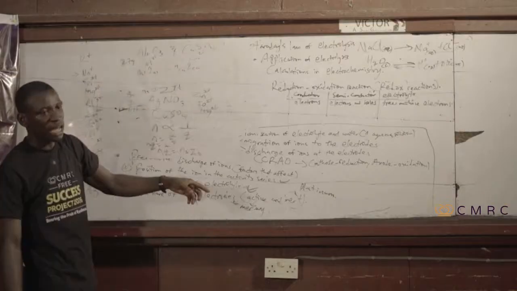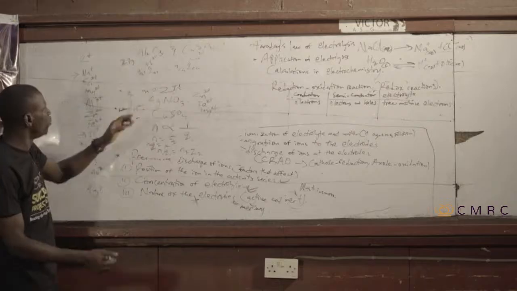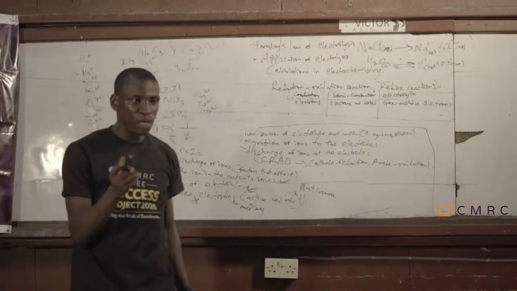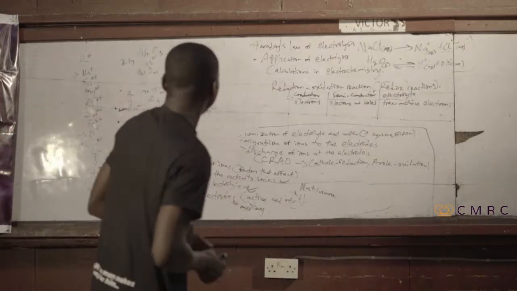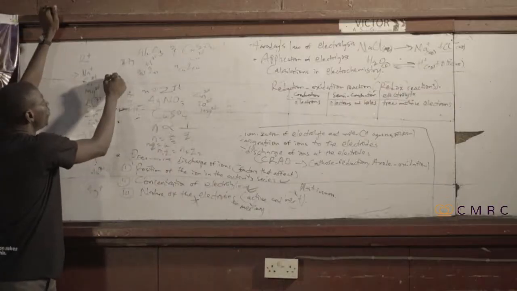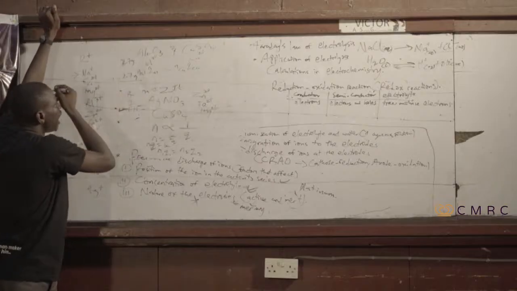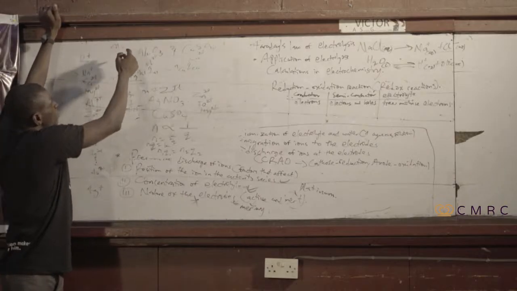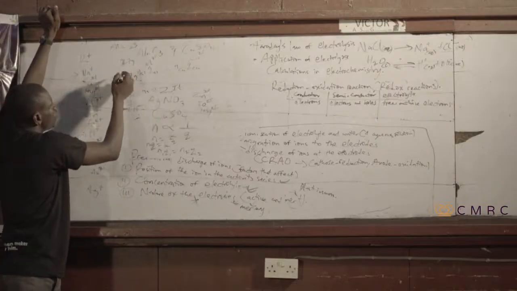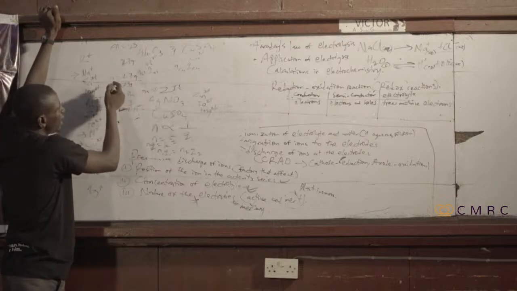You use this formula, N1Q1 equals N2Q2. Let's say this one is for aluminum. Number of moles equals mass over molar mass. So we calculate the number of moles of aluminum: 2.7 grams, and because aluminum is an element, we use the atomic mass, 27. 2.7 divided by 27 gives the number of moles of aluminum.